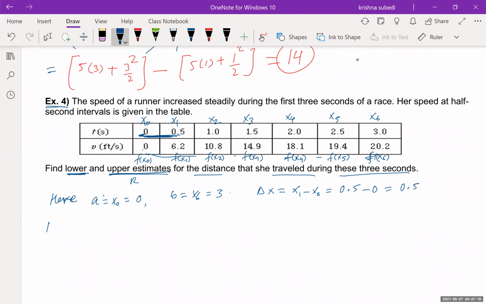Now to find L, and remember, there are 6 rectangles here because x6, as you can see, n equals 6 here.